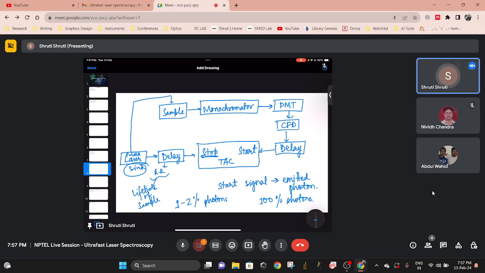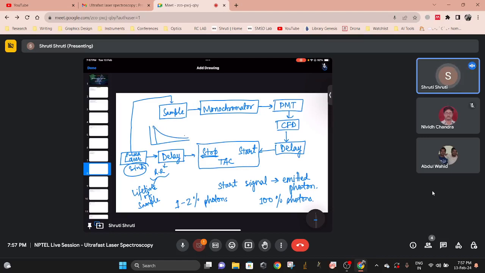Suppose there are many sprinters running on a racetrack, and you dig holes in their racetrack. Who will fall first? The probability of the fast runners falling in the hole will be more than the slow runners. It is the same case. The photons which are moving faster will get stopped when you use 1 to 2% of the photons. So the decay is generated like this.